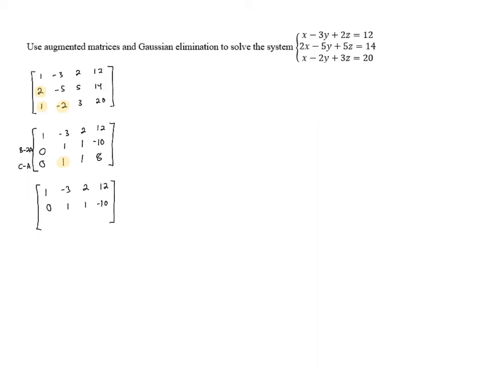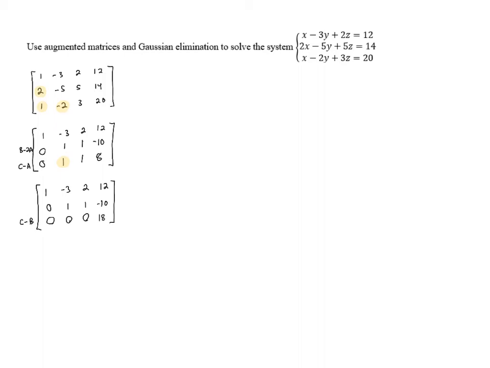The easiest thing that we can do is take row C minus row B, because 1 minus 1 gives us 0. So we've got C minus B. So here 0 minus 0 is 0, and then 1 minus 1 is 0, and then 8 minus negative 10 is the same as 8 plus 10, which is 18.